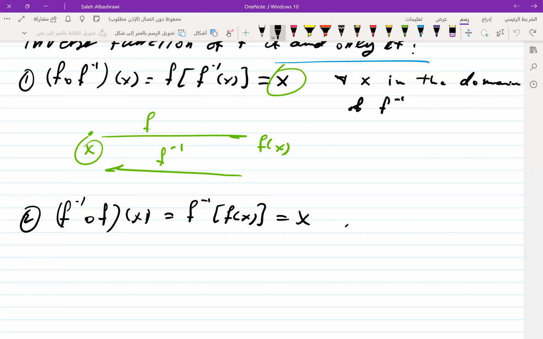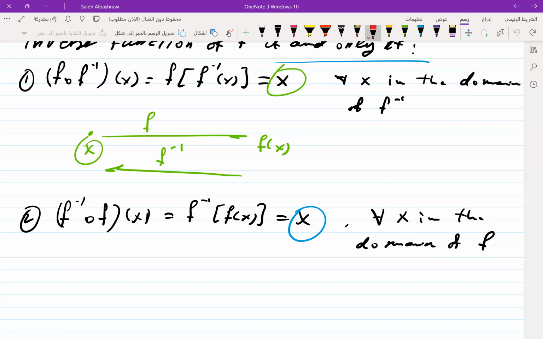This is for all x in the domain of f in this case. So if these two conditions are satisfied, and I got x in both cases, then we say that f and f inverse are inverses of each other.